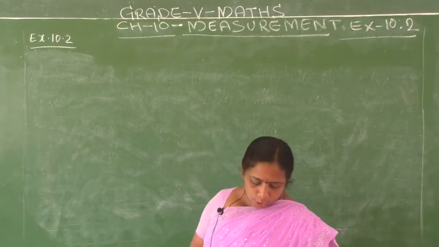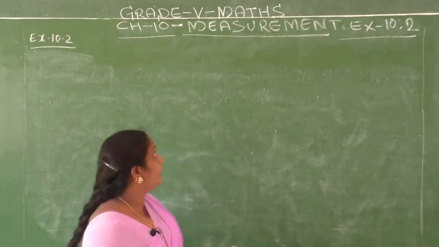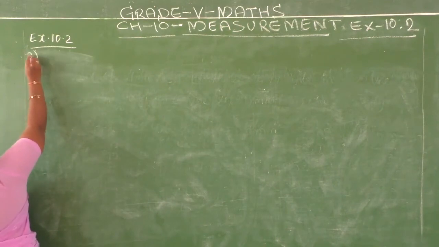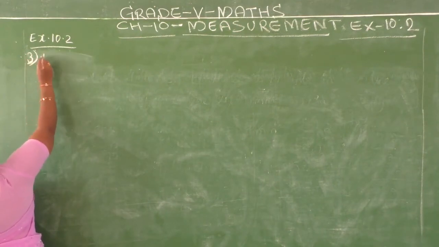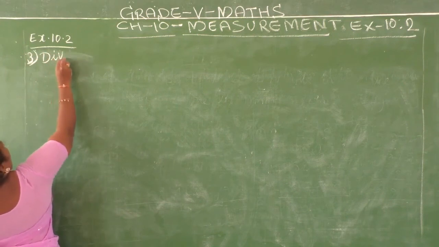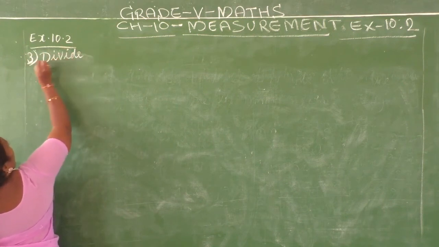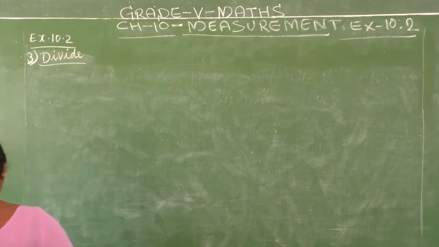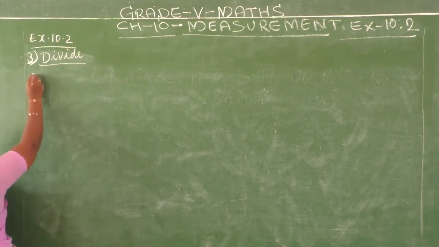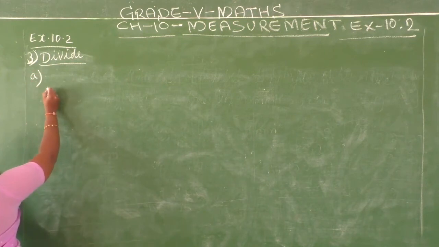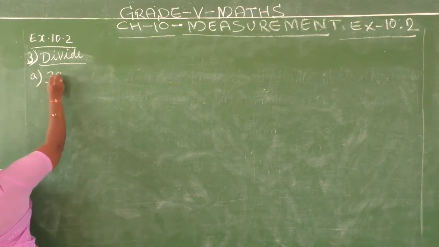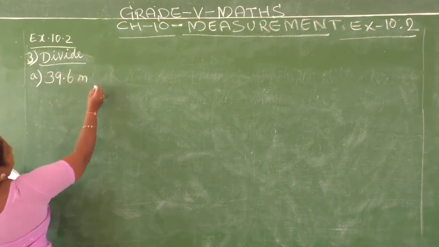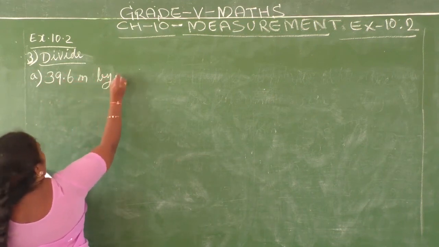Okay ma, next Roman, third Roman, divide. First sum, A1, 39.6 meter divided by 4.